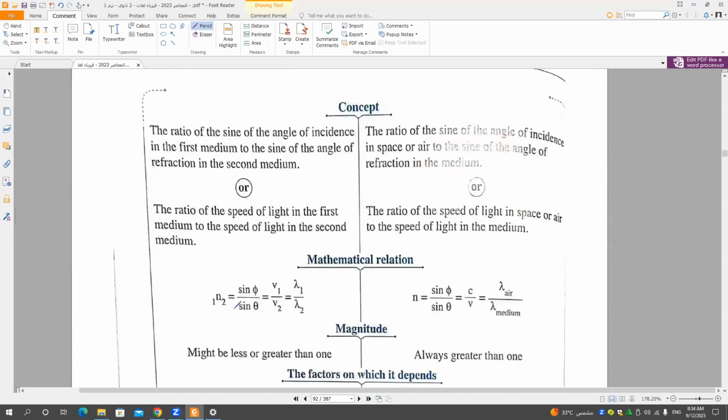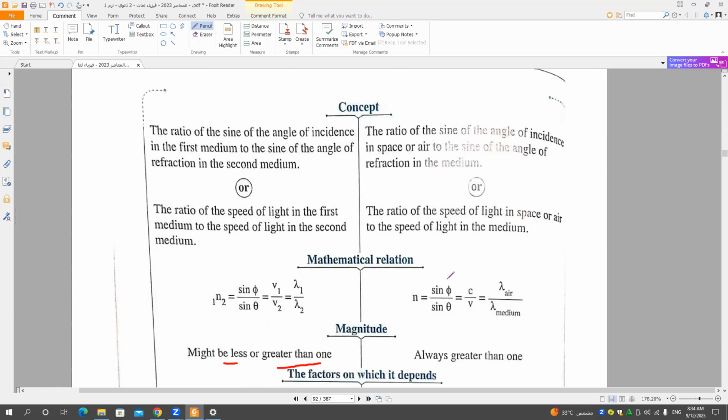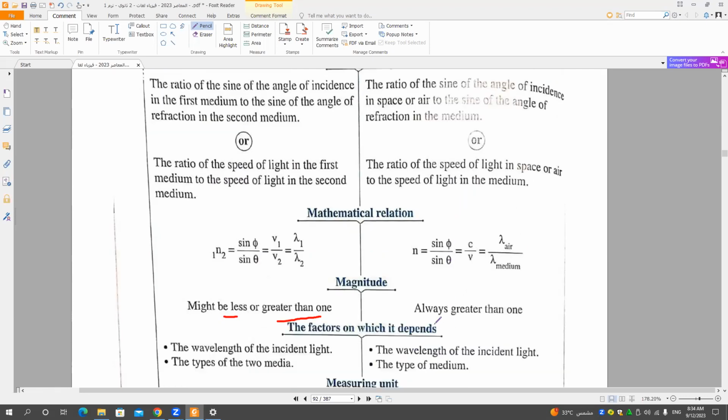N from the first medium to the second medium equals N2 over N1, which equals sin phi over sin theta, V1 over V2, wavelength 1 over wavelength 2. It may be less than or greater than 1. If the second medium is air, its magnitude is always greater than 1.